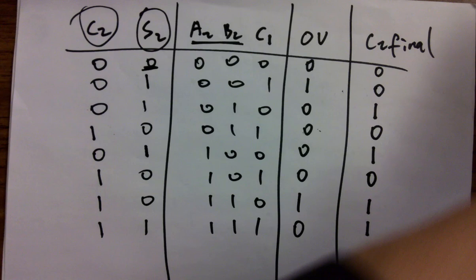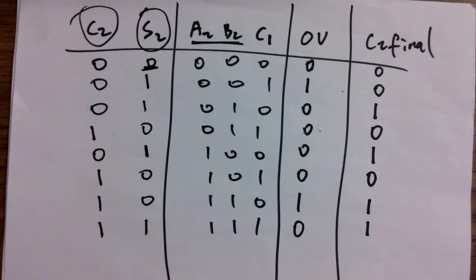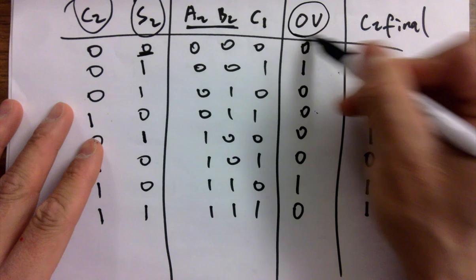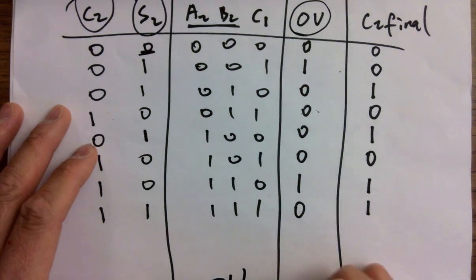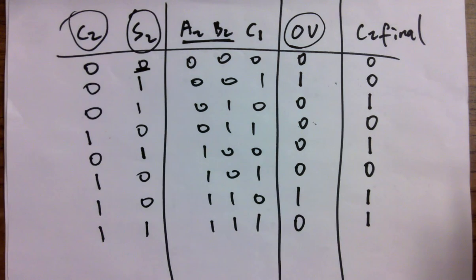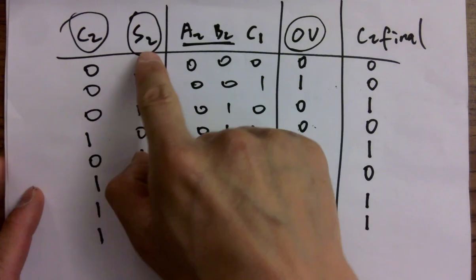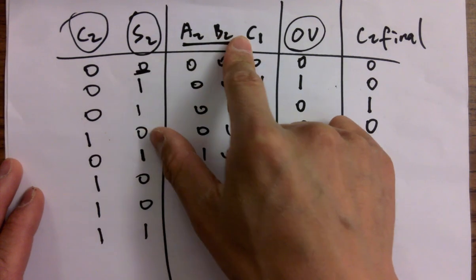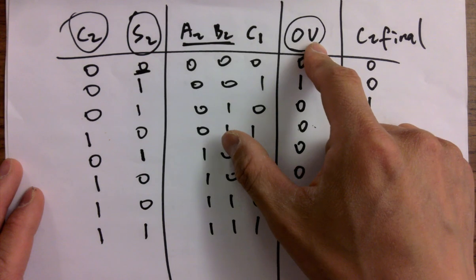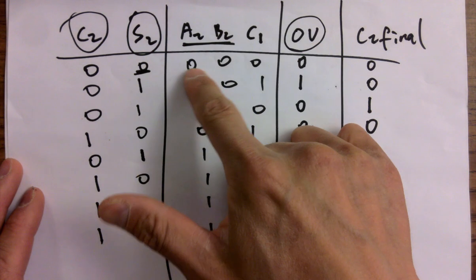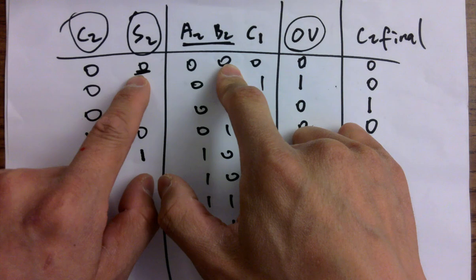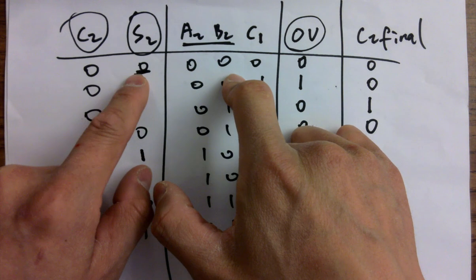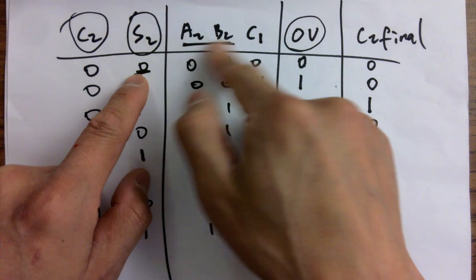Then we realized that if you want to get a final result for OV, remember how we found OV? OV is just a 1 bit, right? We can use this truth table result to find OV. So we found S2 and C2 based on these 3 bits. Even though when we are trying to find OV, we look at A2, B2, and S2, these 3 bits, S2 came from these 3 bits.